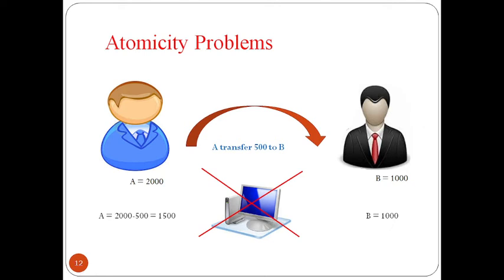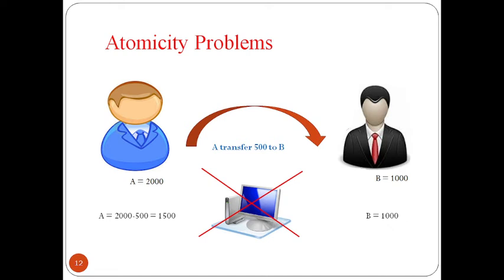So what is atomicity? The atomicity characteristic of the database means that the database state before and after the transaction must be the same. What do you mean by database state? Suppose this is the database, and both the account values are stored in it. Combined, the total amount in the database is 2000 of A and 1000 of B, which is equivalent to 3000 rupees in the bank's database.